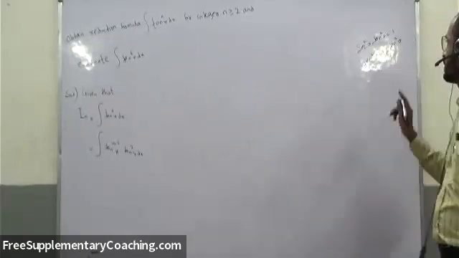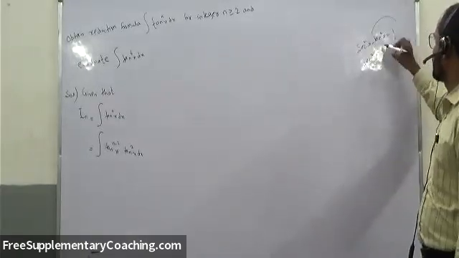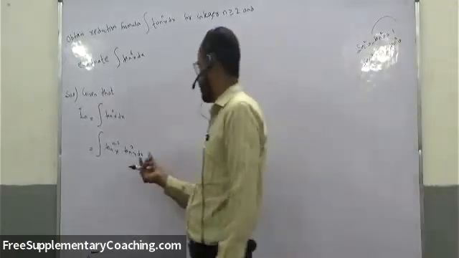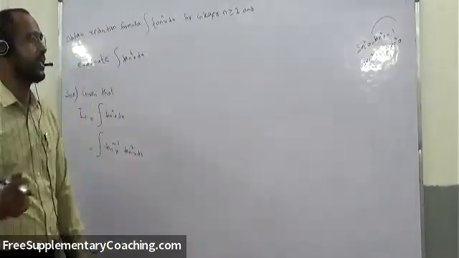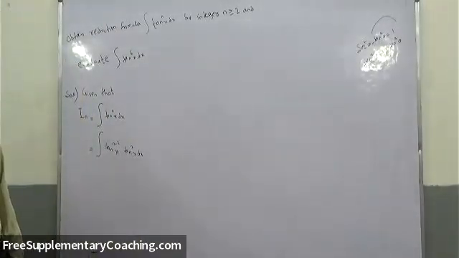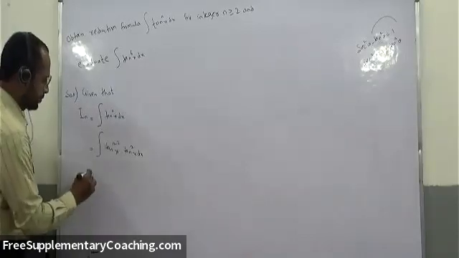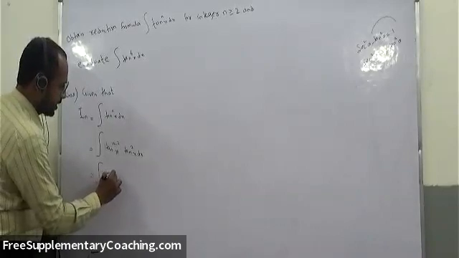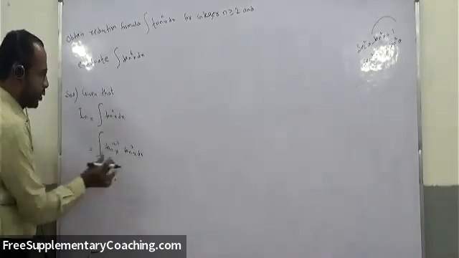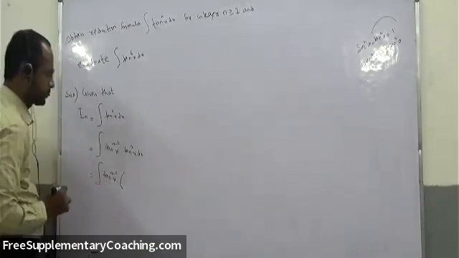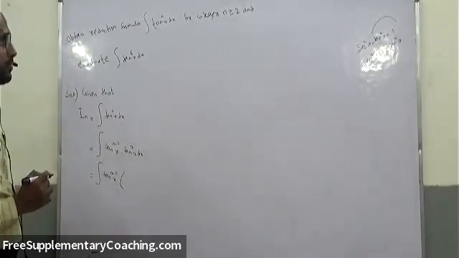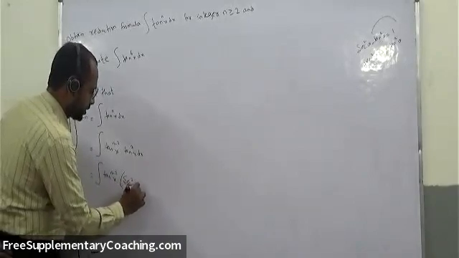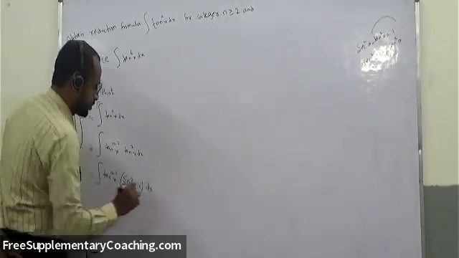So in place of tan square x dx, I can write secant square x minus 1. So this I can write as integration of tan n minus 2 x in the bracket, in place of tan square x, secant square x minus 1, into dx.